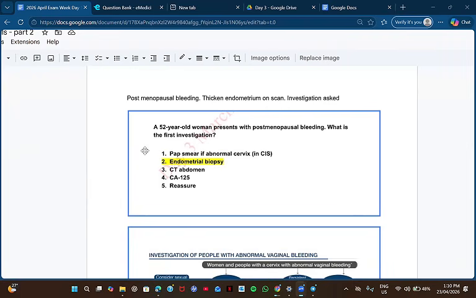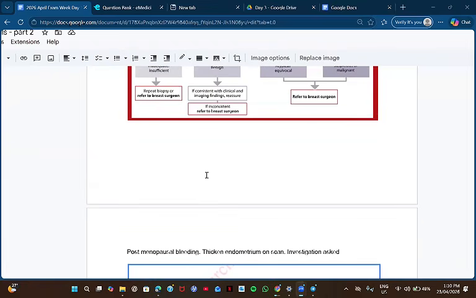So next one: postmenopausal bleeding, thickened endometrium on scan, investigation asked. What do you think? What should we do? Tell me, doctors. Very, very easy question.